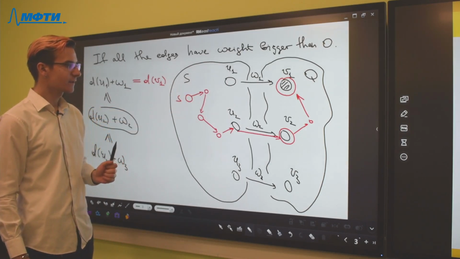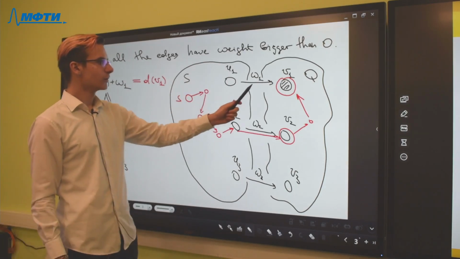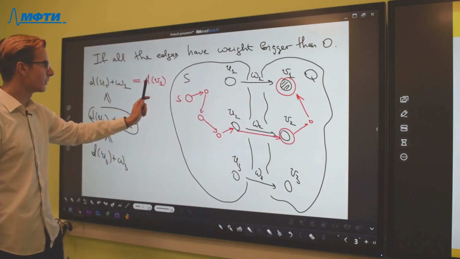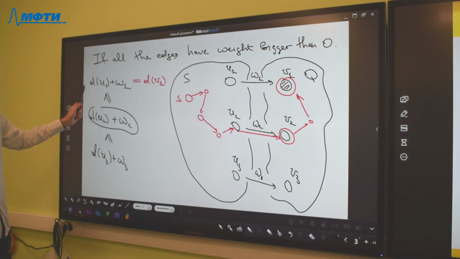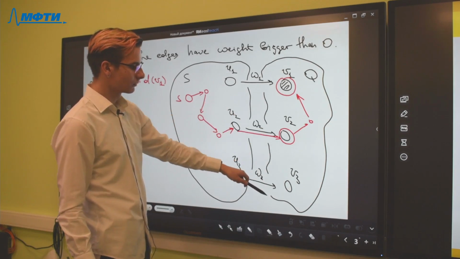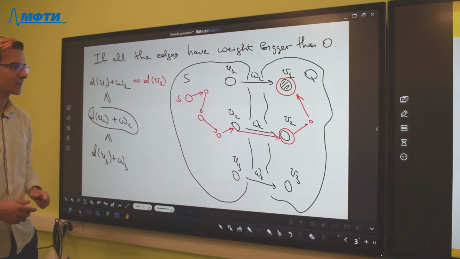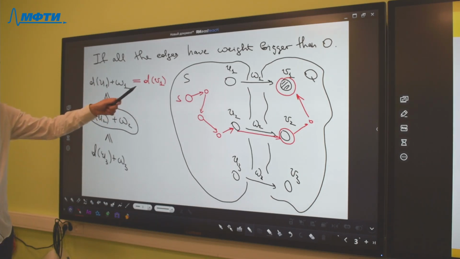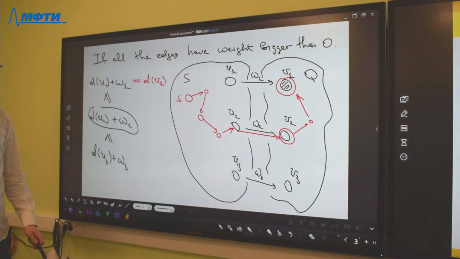And we say that the new distance to V1 will be equal to the sum of the distance from source to U1 plus w1. And we say that for all other vertices in the Q set, the distance between it and source will be bigger than the distance between V1 and source.